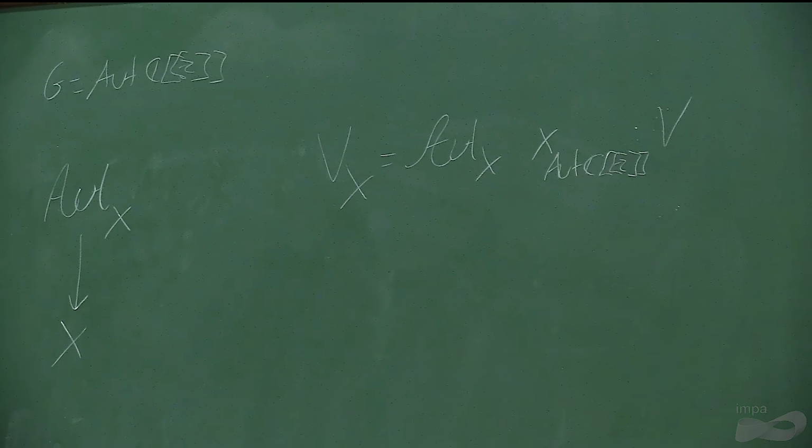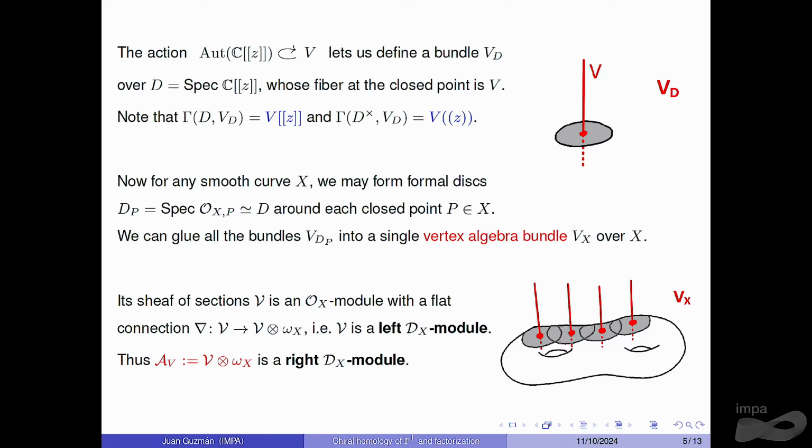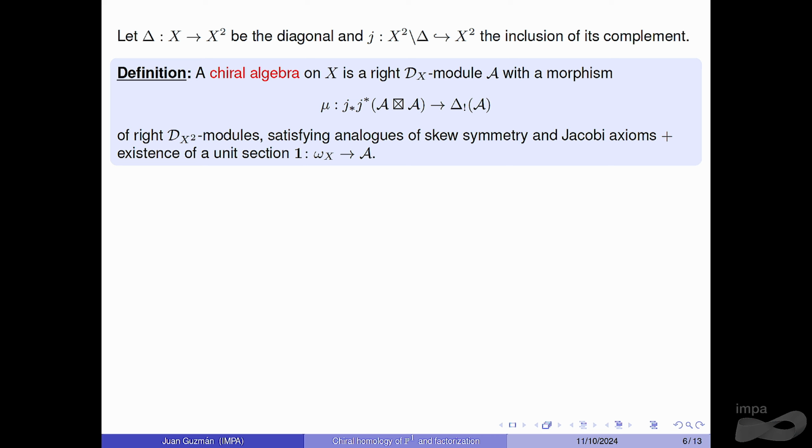Right? Okay, so again, this is the way to go from a VOA to this right D module, and we have this general framework which defines what a chiral algebra is, which is going to be a right D module with a certain morphism. I'm not going to get into the details here, but there's a way to phrase this in terms of morphisms of D modules, right? Push forwards and pullbacks of D modules.